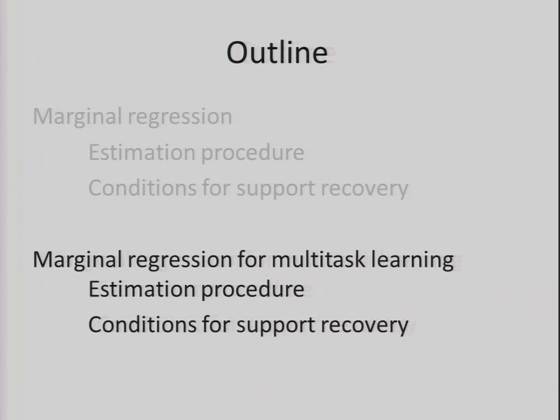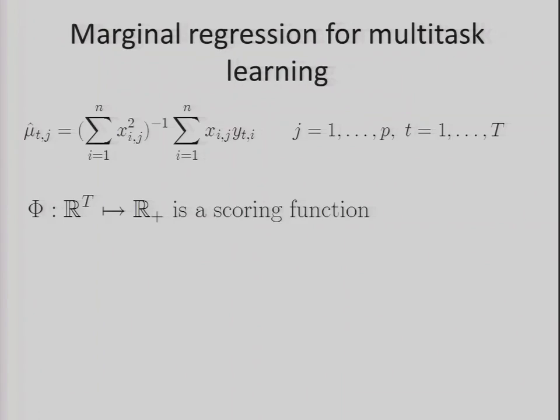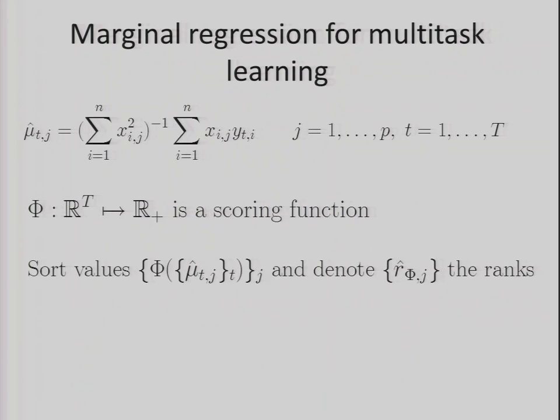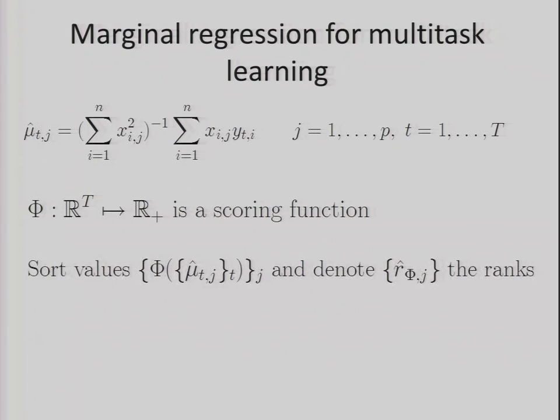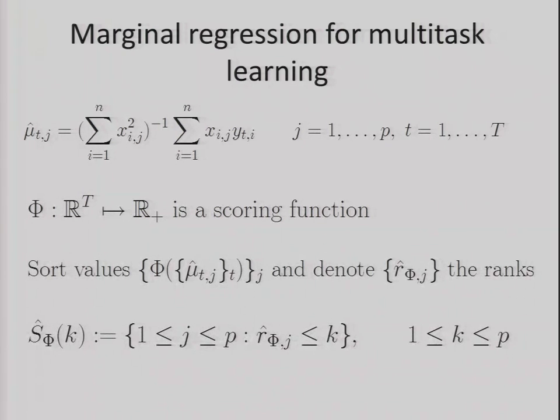We can now move on towards multitask learning, how marginal regression can be applied in that setting as well. As before, we compute marginal regression for each feature and each task.